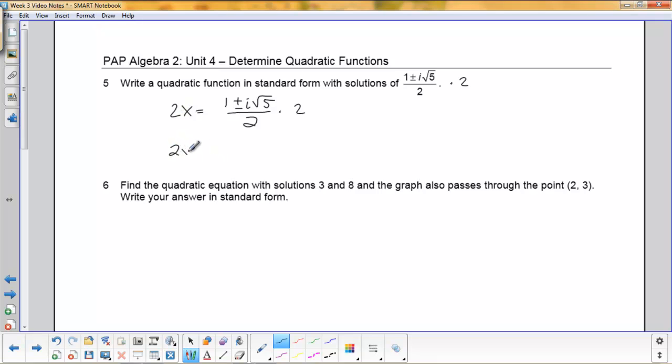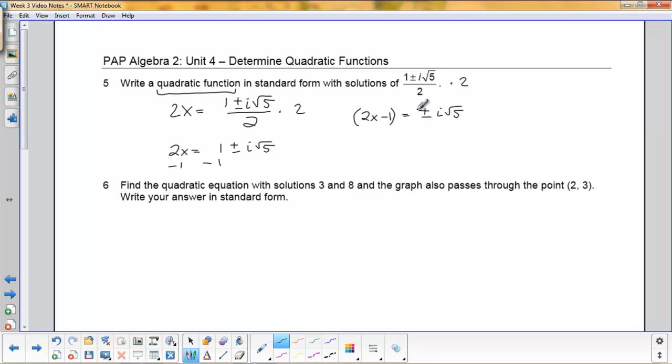Now I get 2x equals 1 plus or minus i root 5. Now I'm going to move that 1 back to the other side using subtraction. 2x minus 1 equals plus or minus i root 5. Now if you remember, this was a quadratic when I solved it for its root, so that means that it has to become a quadratic again.